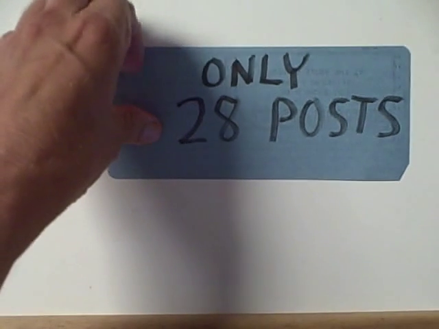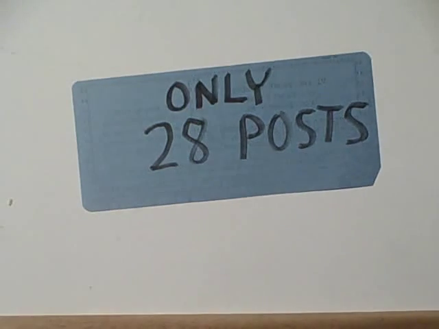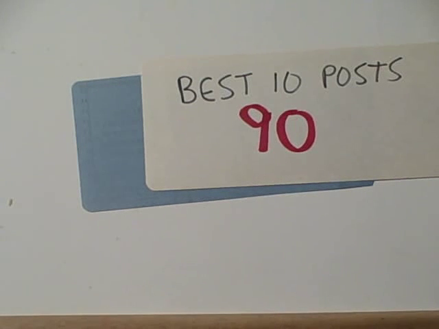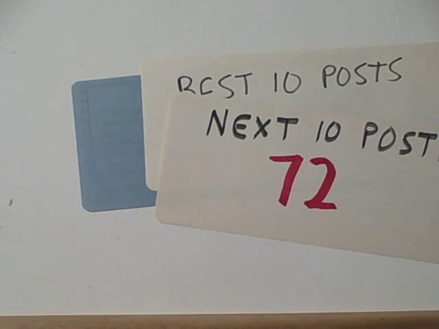And let's suppose that the best posts were again a 90. But let's suppose that your next best posts were not quite so good. And on your next best post, you only got a 72. So those were the only posts that we would count.